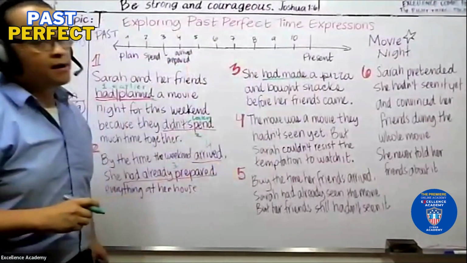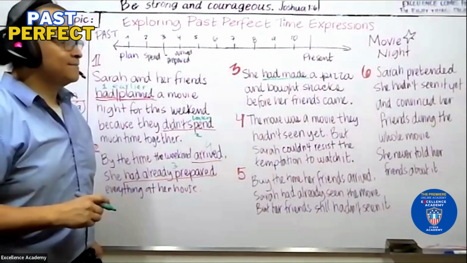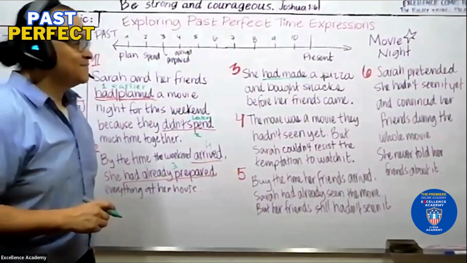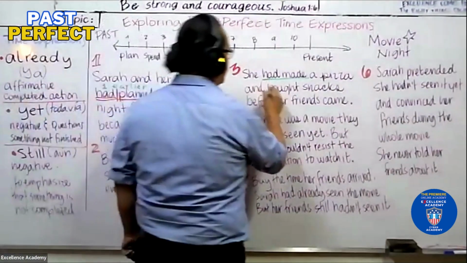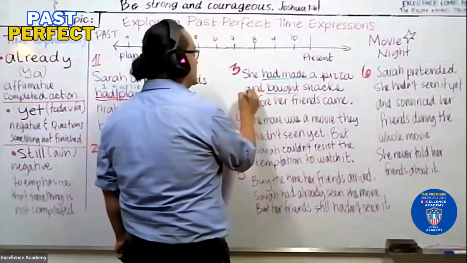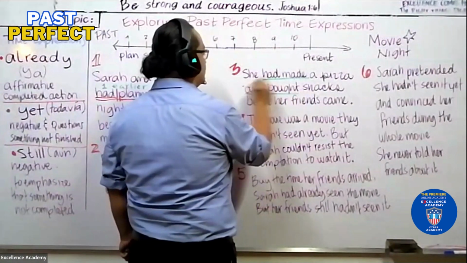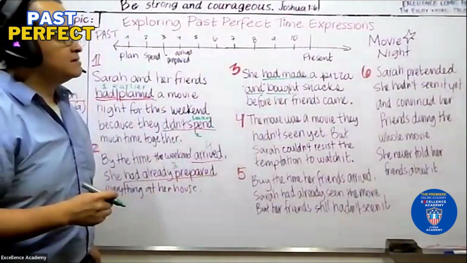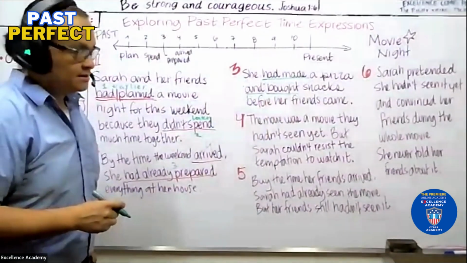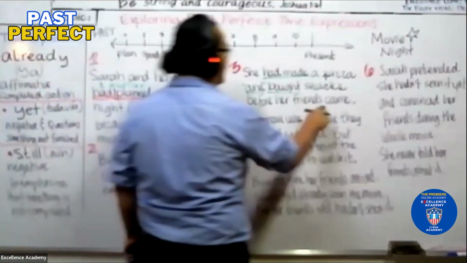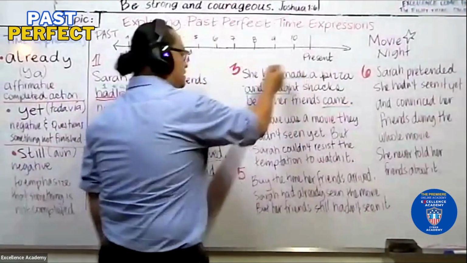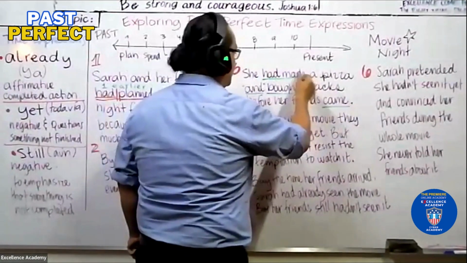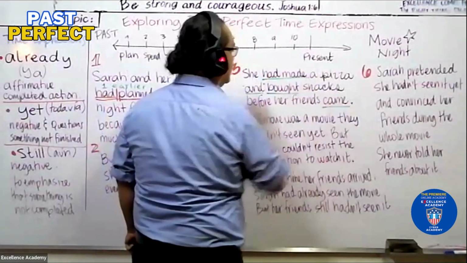Okay, but this one is attached because we got a conjunction. So we could say that these are the same. And the other one, do you see it? Friends came. Yes, came. Okay, so this would be one event. Had made and bought is one, and came is the other one.